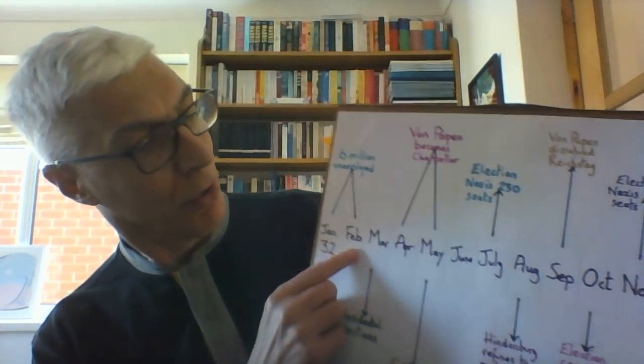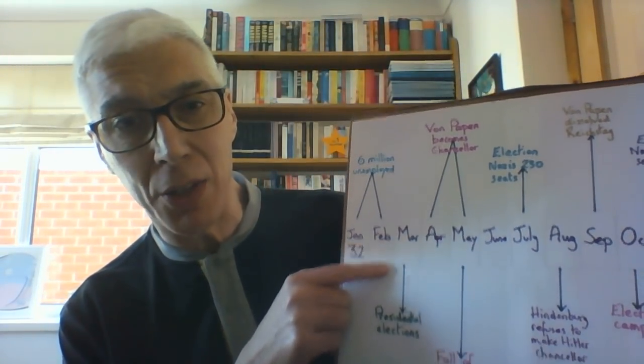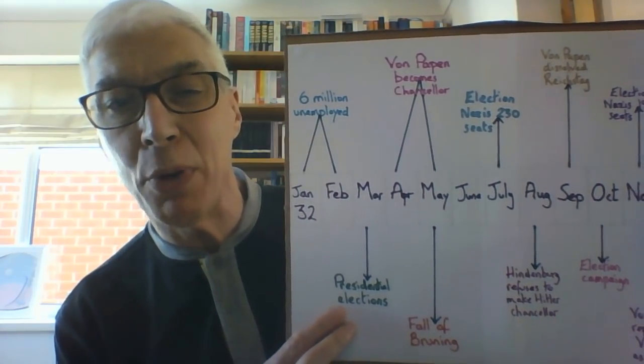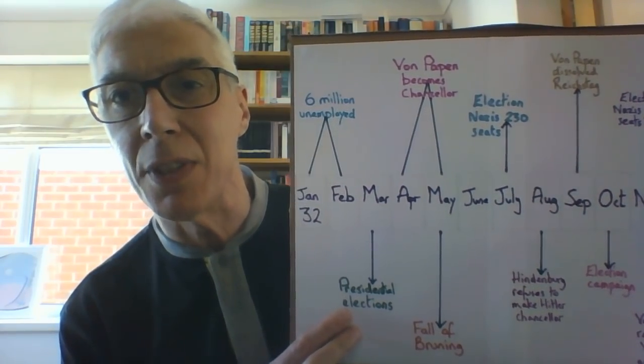As we work our way through the year, we get to March 1932, and there were some presidential elections. Now, Hindenburg was the president. I've mentioned him before. But he was an old man, over 80, 84 years of age. Many people thought he wouldn't stand again as president.